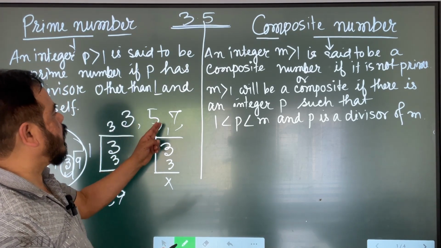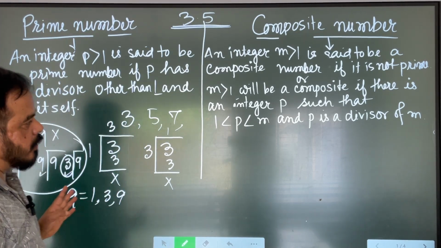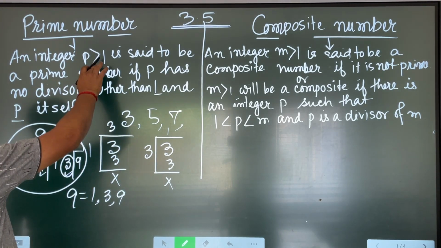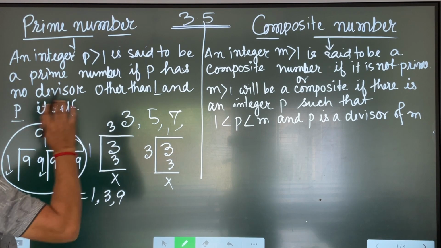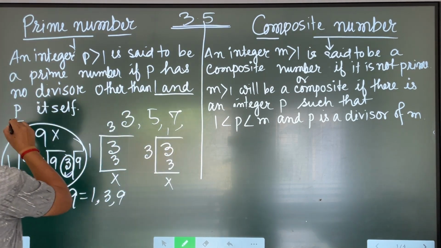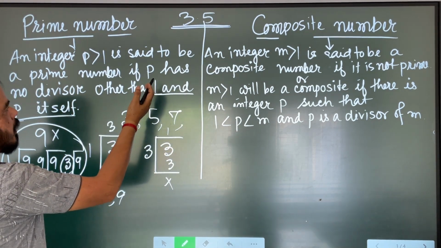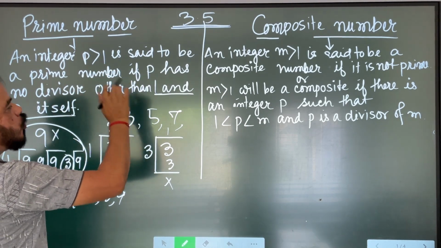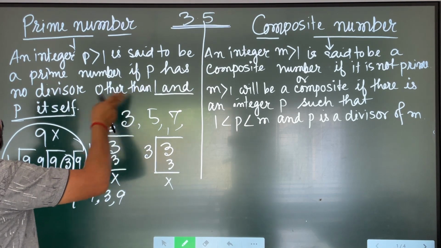That is why 3, 5, 7 are called prime numbers. And a prime number must always be greater than 1. So this is the main part: p is a prime number which is greater than 1 and has 2 divisors, 1 and p itself.